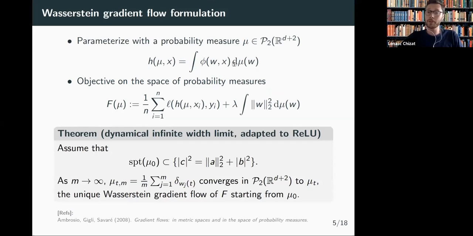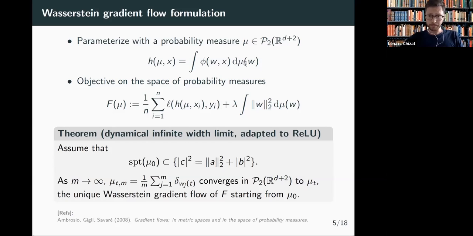And now the parameters will be simply a probability measure on the space of parameters. This is a natural step because it clears out the invariance by permutation of the parameters that we had in our previous formulation. And a finite width neural network is recovered by just taking mu as an empirical distribution over the space of parameters with m atoms.